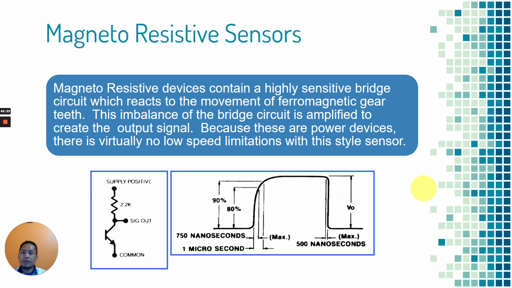The magnetoresistive sensor device contains a highly sensitive bridge circuit. This is the bridge circuit, consisting of transistors. The signal out is sent from here.